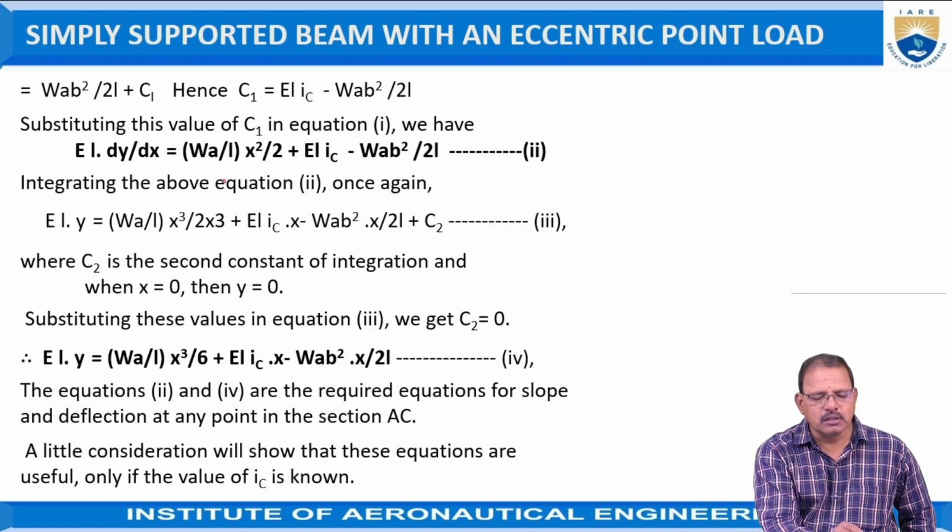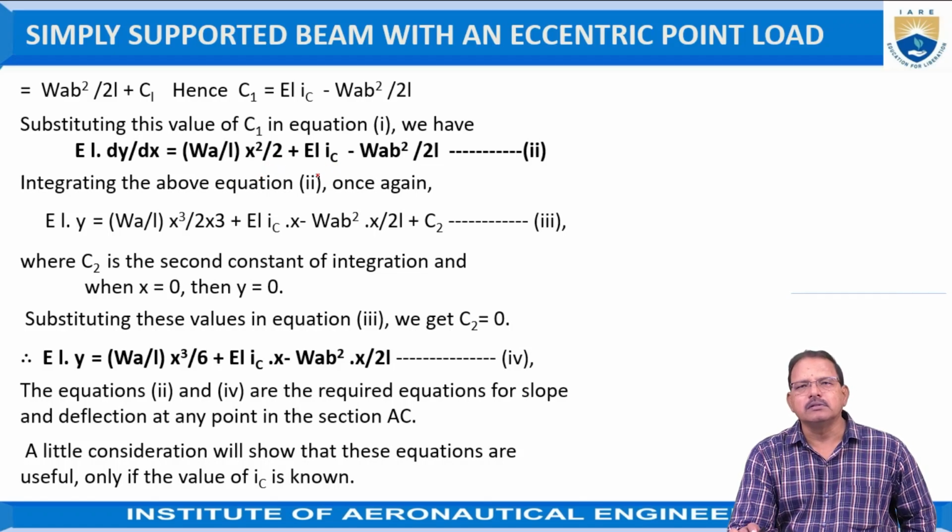is equal to WA into L x square by 2 plus EI into IC minus the constant, which is also given, WA square divided by 2L.